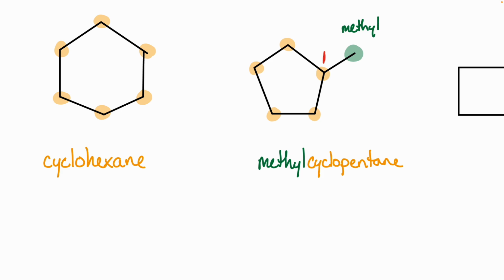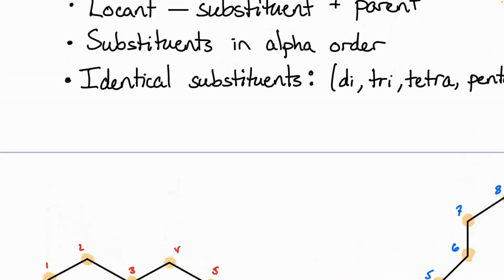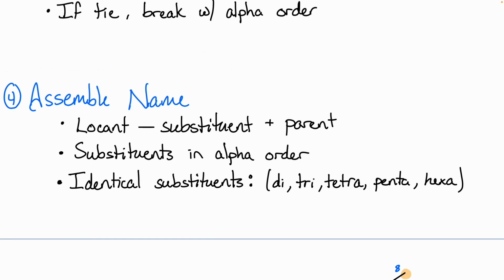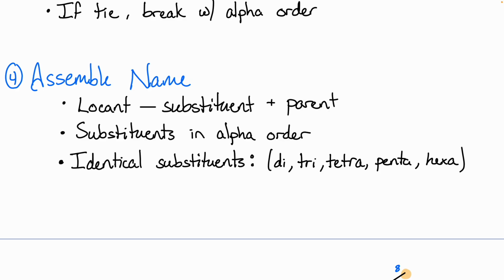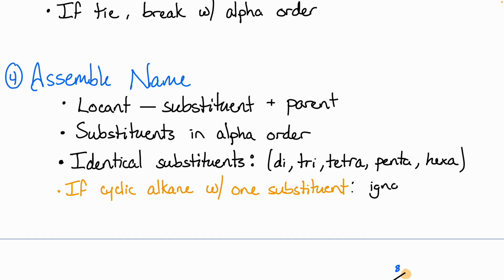All right, so again, special consideration here for when we assemble our name. I'm going to add another addendum here to our assemble name rule. Again, if we have a cyclic alkane with 1 substituent, we're going to ignore our locant.